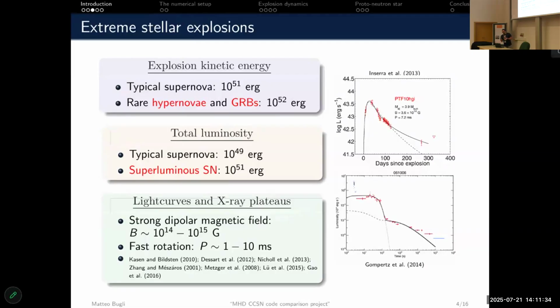The two main ingredients at play for this kind of source, which justify an energetic budget that neutrinos cannot provide, are a combination of strong, large-scale magnetic fields and fast rotation.